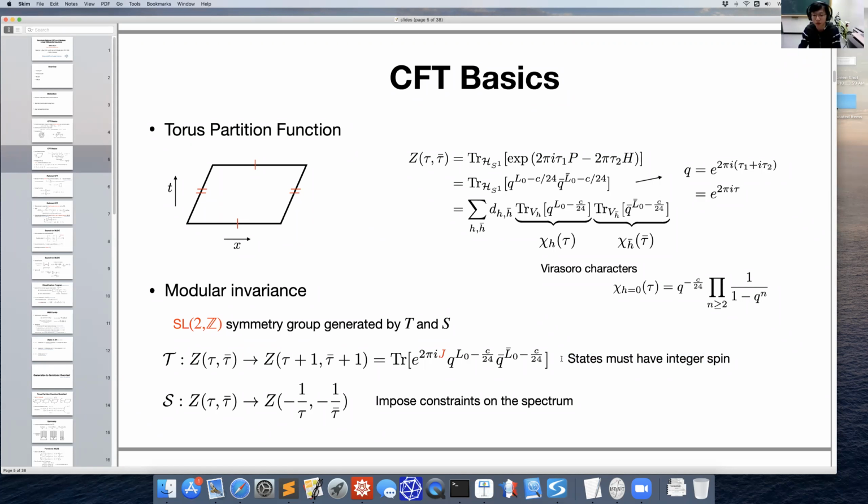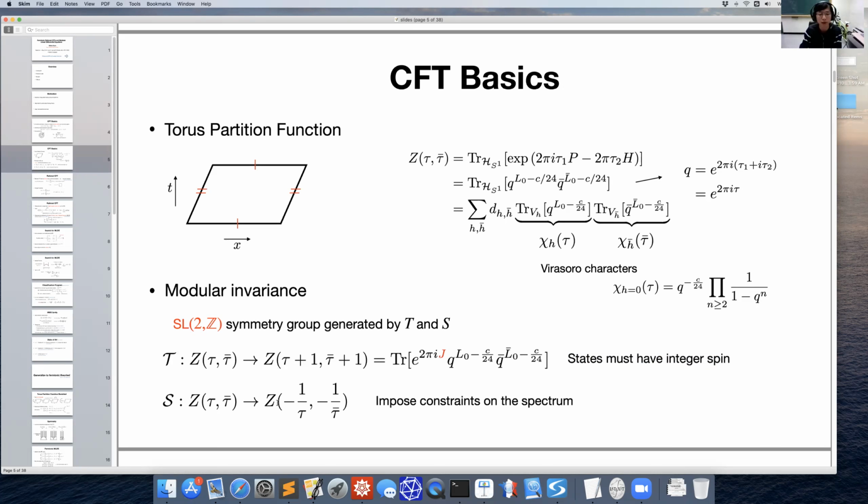Because spin is actually L0 minus L0 bar. So spins can be any integer for fermions. I would say in principle, yes. Okay, thank you. This is just a constraint coming from the T transformation.